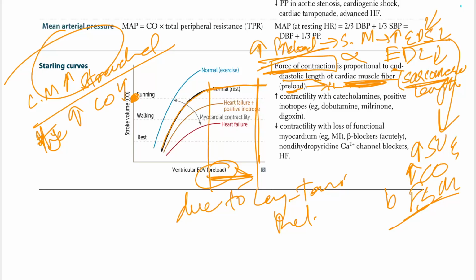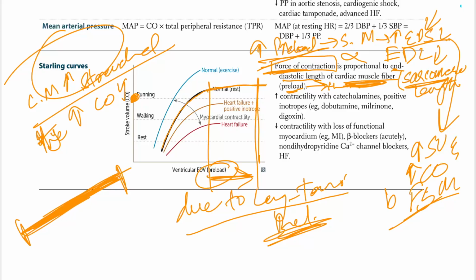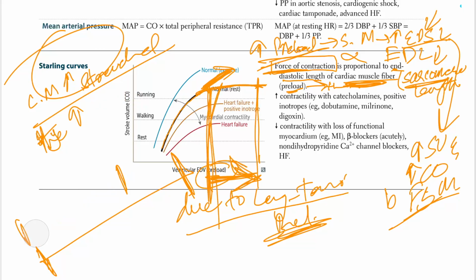That limit is due to the length-tension relationship, meaning the sarcomere length is giving its max at that time. After that, because you can't increase the sarcomere length any more, you will not increase your cardiac output or stroke volume, and it just plateaus no matter how much you increase preload after that point. I hope that makes sense.